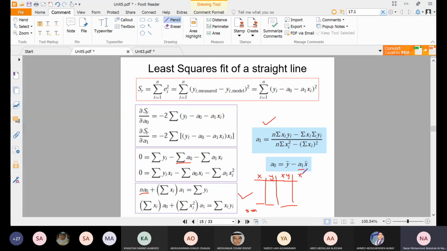Here also I need x squared, and after that I will take the sum of x squared. This is the sum of x squared, and this value I will square here. And n is the number of data points that we have. Also for the columns, for example column x, I can compute the mean, and also I can compute the mean for the y's. After that, I solve these coefficients. If I find these coefficients, I will find the best fit line, the line that represents the best fit.